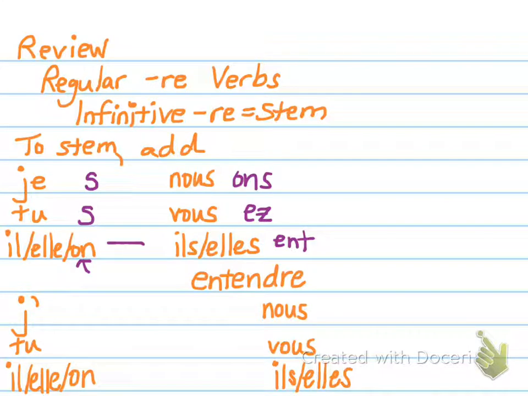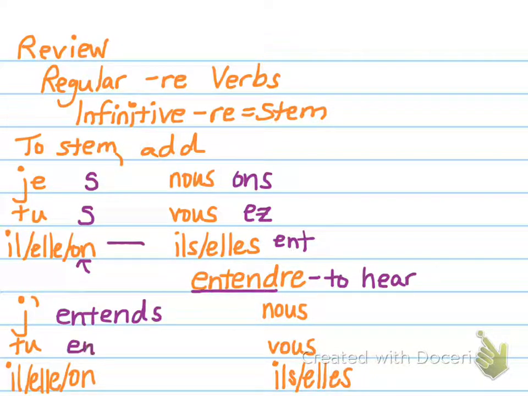To take a look at an example, we're going to look at entendre, which means to hear. Here's my stem. That stem's going to be in all 6 forms of my verb. Here's the stem, and I add an S for je. Here's my stem, I add an S for tu.